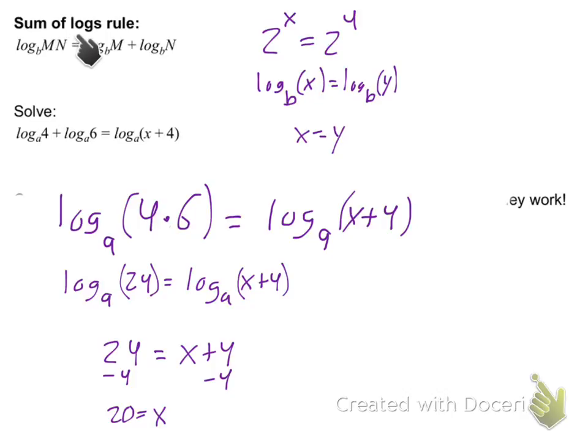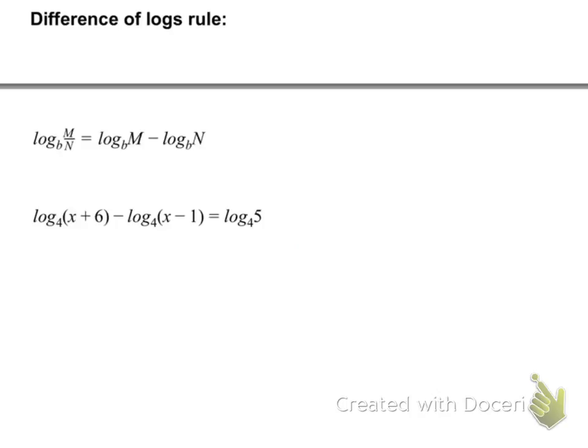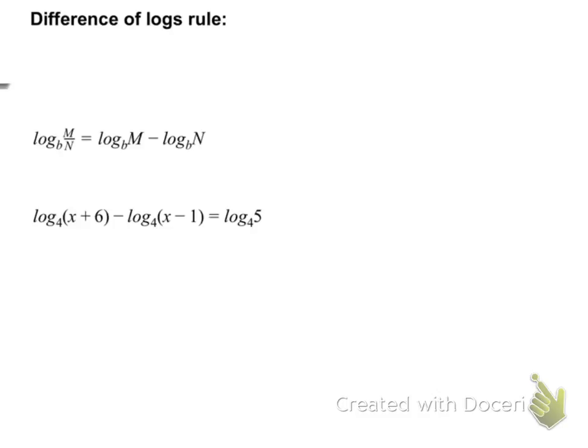So what we're going to do today is the other laws. There's also a law called the difference of logs, and it says kind of the same thing. I have log base b, but instead of multiplying, you are dividing. If you divide logs, you can separate them into their own logs with a minus sign between them.